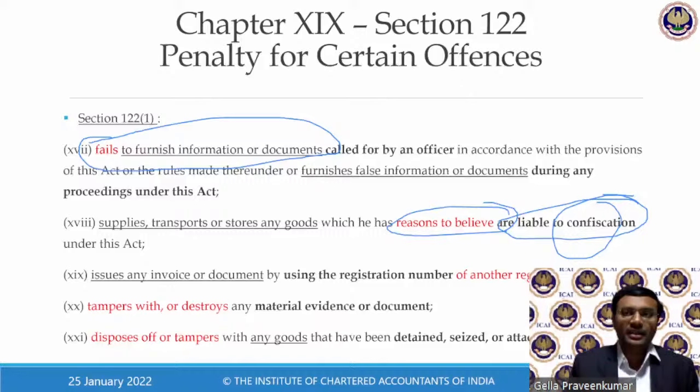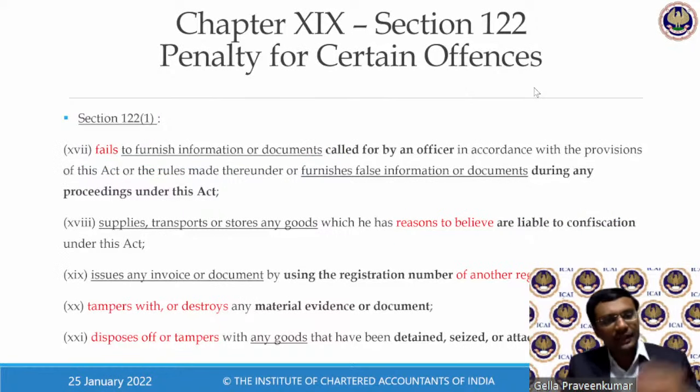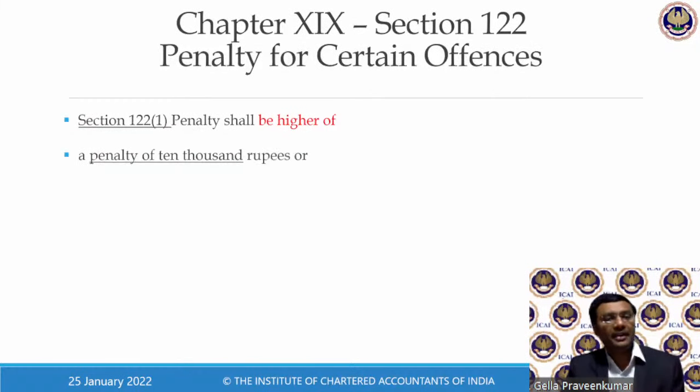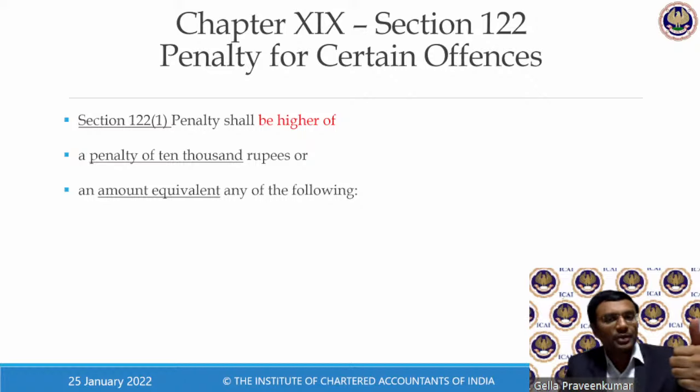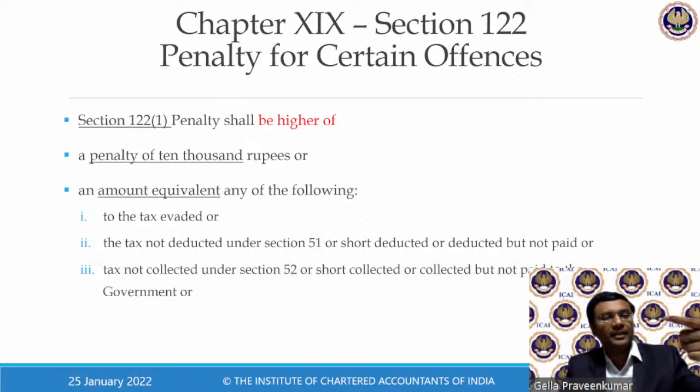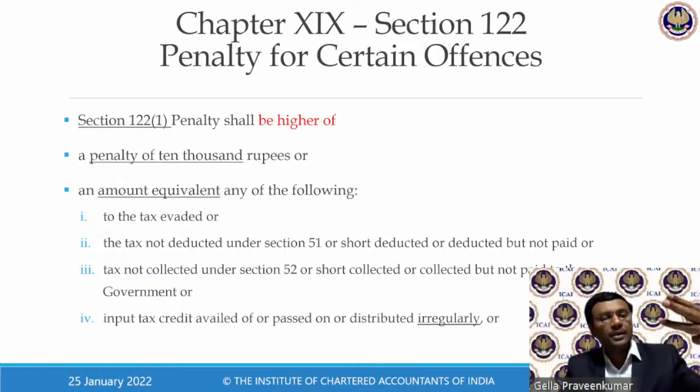Now, having noted these 21 entries, what is the offence? What is the penalty? The law says that the penalty will be the higher of 10,000 or an amount equivalent to tax evaded, amount equivalent to tax to be deducted but not deducted, amount of tax to be collected but not collected, input tax availed or passed on or distributed irregularly, refund claimed fraudulently.